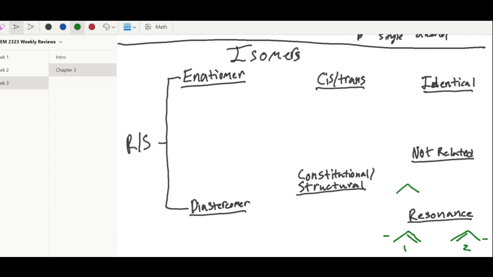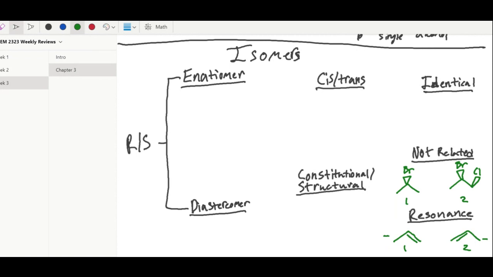So let's say they give you three carbons, one bromine, 7 hydrogens, and then structure 2 has the bromine, but it also has chlorine right here. So if the molecular formula does not match, that means it's not related.